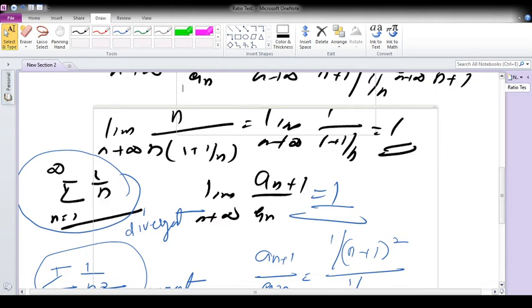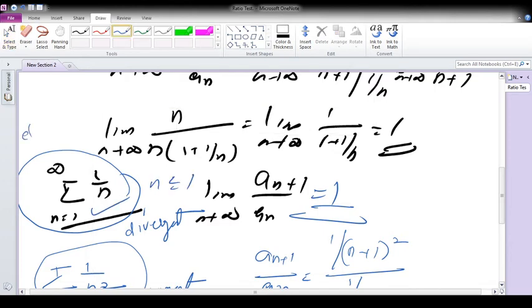So here the ratio is 1 in both. One series is convergent and the other is divergent, so we can't say that a ratio equal to 1 means convergent or divergent. That time we say the test has failed for that series, and you can choose another test for finding convergence or divergence of that particular series.